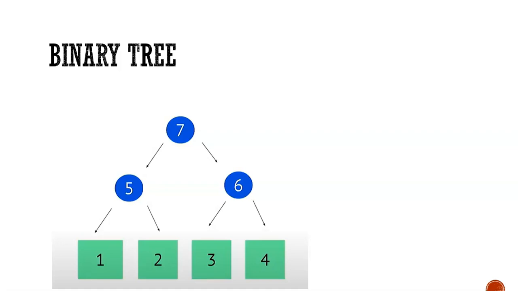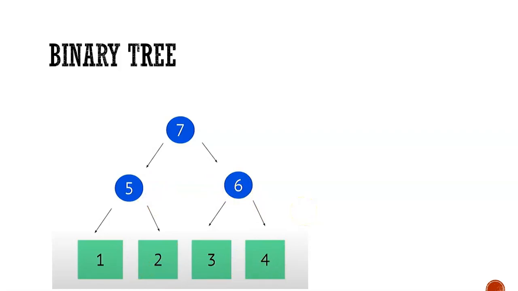Let us assume this tree is similar to the tree that we have in real life, but it's just an inverted tree. The root is at the top. Here 7 is the root, and 5 and 6 are children of the root 7, and 1, 2 are children of 5, and 3, 4 are children of 6.